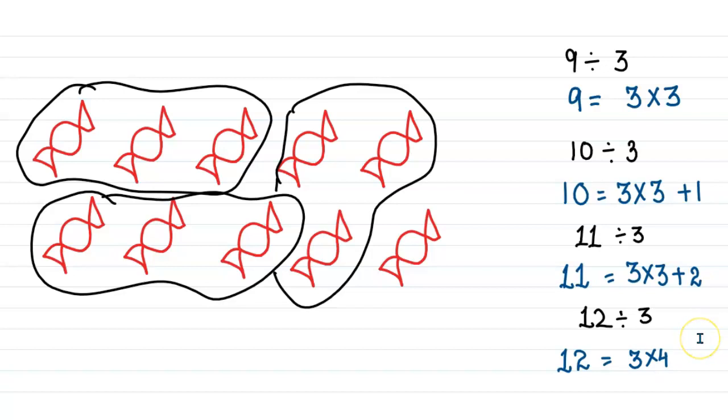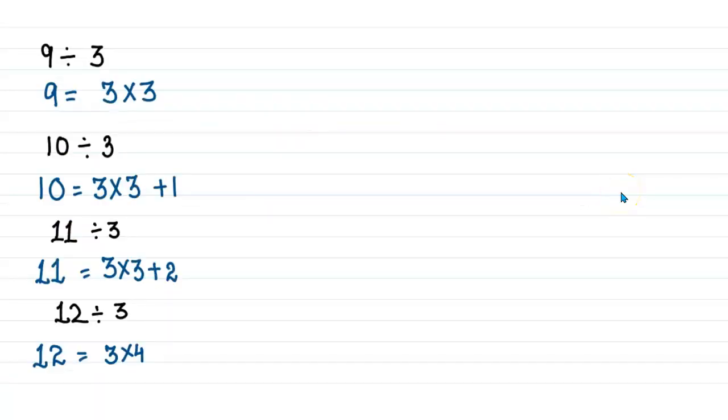So let's look at more statements where the divisor is 3 only. Let's take the number 13 now and divide by 3. We get 13 equals 3 times 4 plus 1.